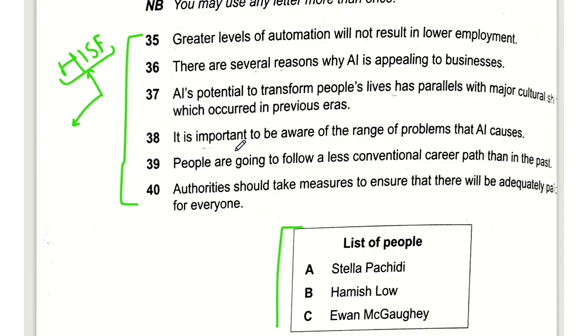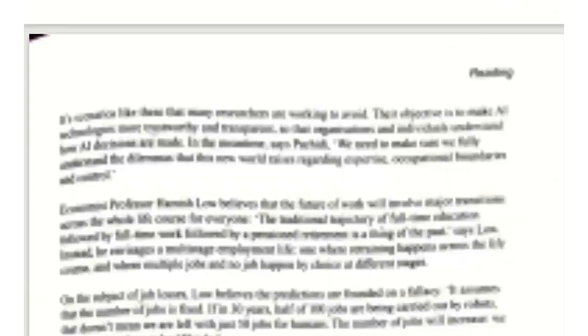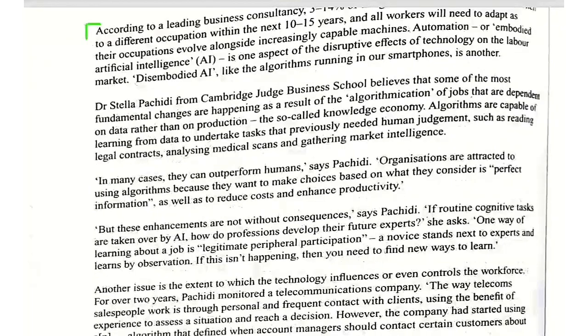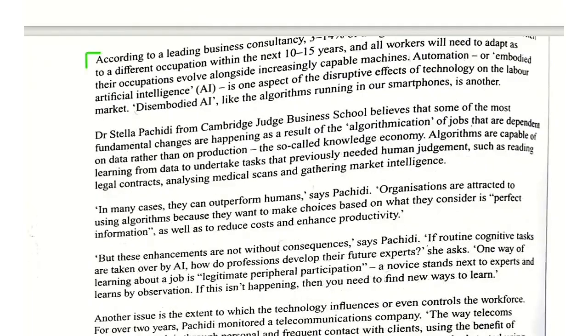So this is a matching features type of question. They are given a list of people. The list of features will always be in order of the paragraph, but the answers will not be in order. We'll be looking at the first paragraph. So the heading of the paragraph is Future of Work.